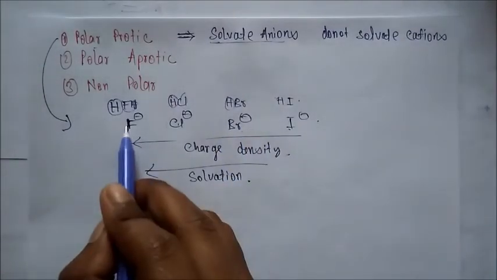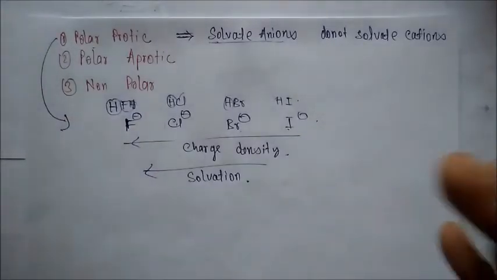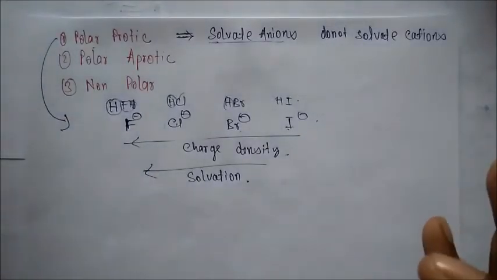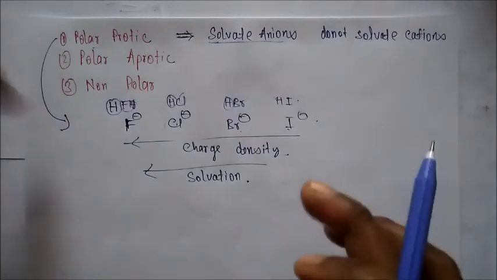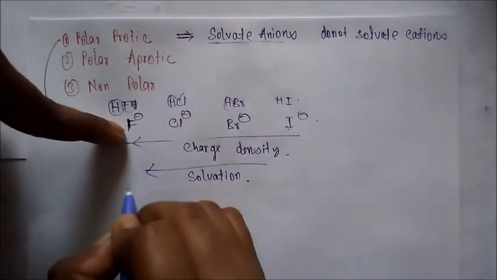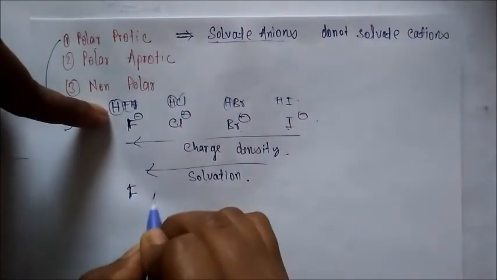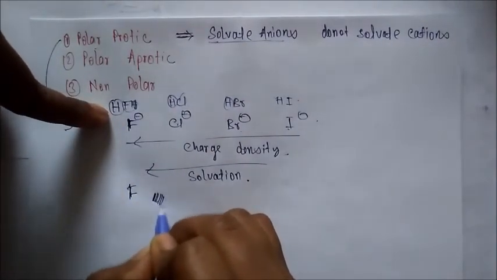So as there is more solvation, there will be more number of ions attached with F minus. Ions in the sense F is solvating. So we have polar protic, which means there will be hydrogen.